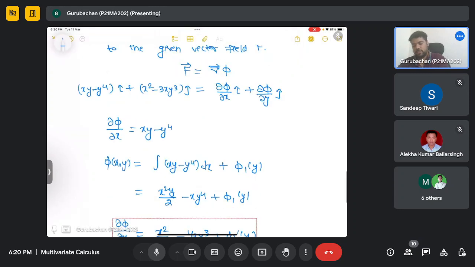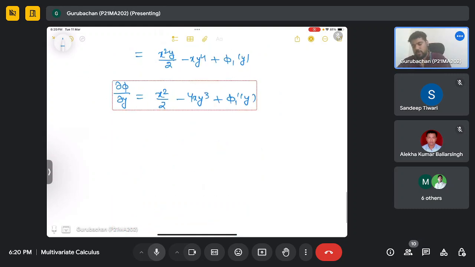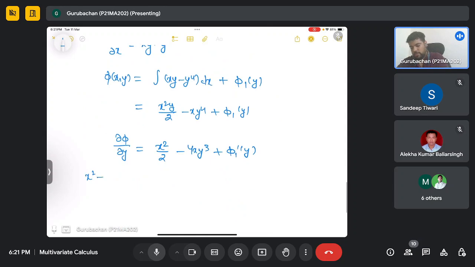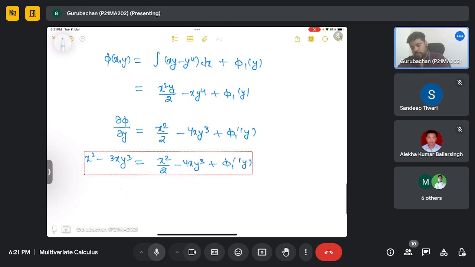And from this equation, we can say that del phi by del y is equal to x square minus 3xy cube. So x square minus 3xy cube is equal to x square by 2 minus 4xy cube plus phi 1 dash of y. From here, phi 1 dash of y is equal to x square by 2 plus xy cube.